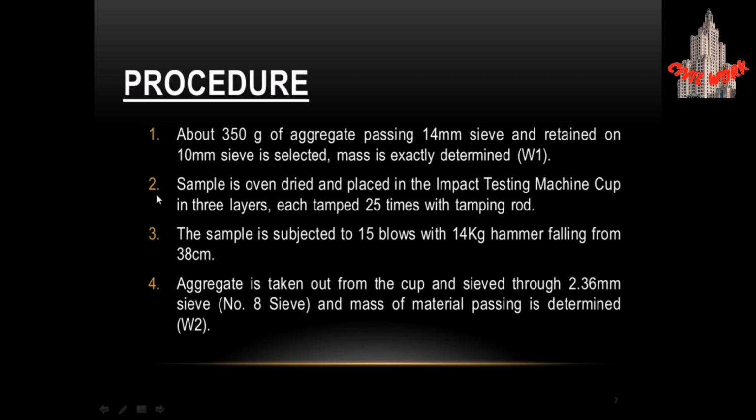This point explains that the sample we have collected should be thoroughly washed and then oven dried, and then we have to place that sample in the impact testing machine cup which we have discussed earlier in our apparatus section, and then pour the aggregate in 3 layers and tamp each layer 25 times with the tamping rod so that it is thoroughly compacted and there are fewer spaces in between those aggregates.